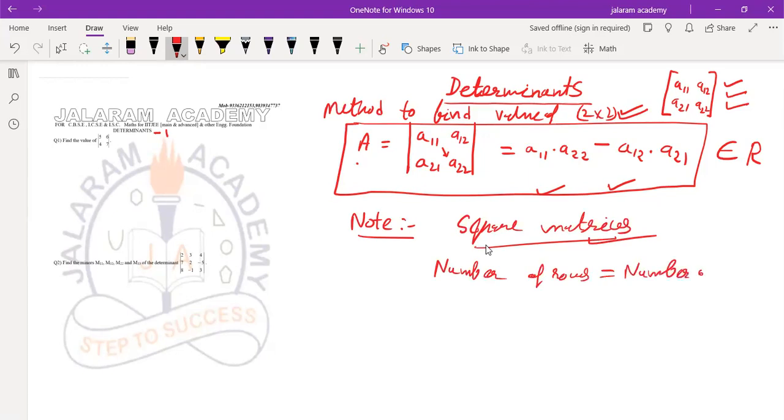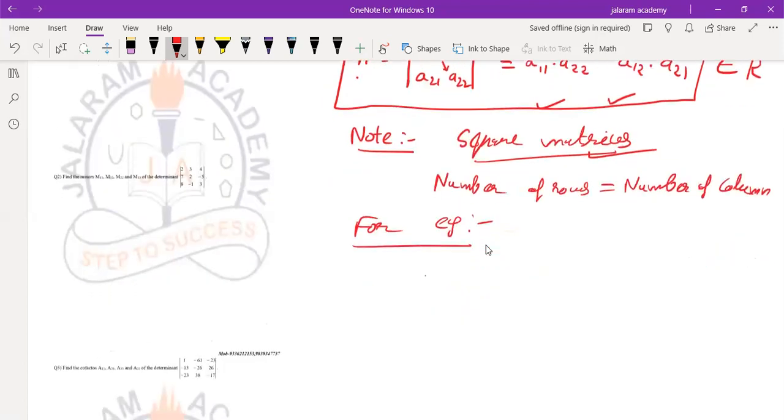So this is the method to find the value of a determinant of order 2 cross 2. For example, can you find the value of the determinant 3, 4, 2, 9? So find the value.